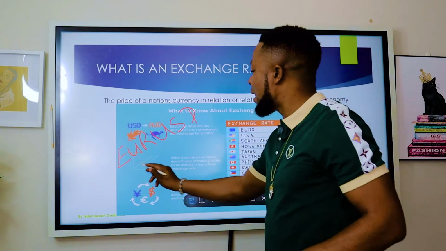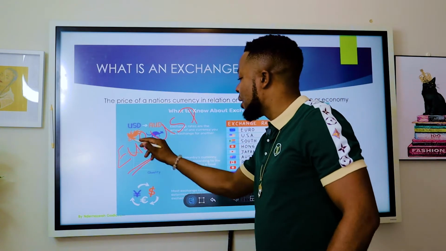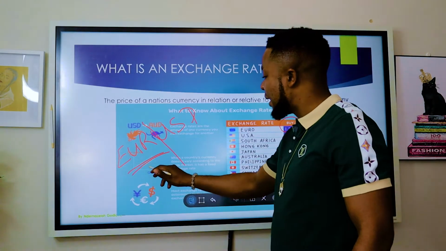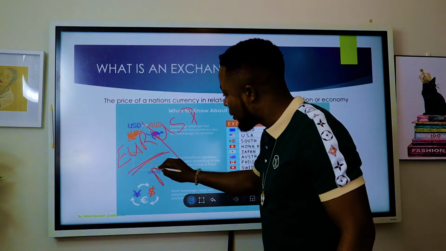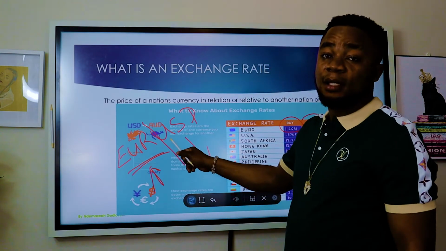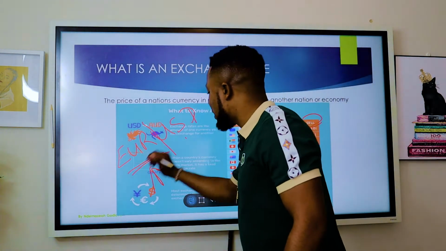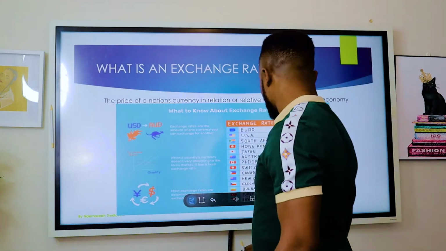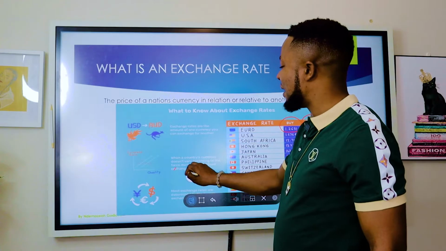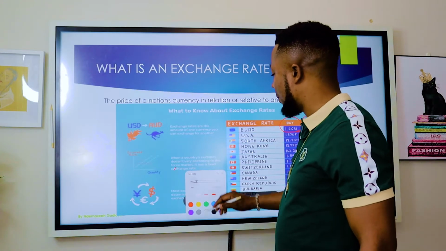Anytime you sell euro on Euro USD, you automatically buy the USD. And anytime you buy euro on Euro USD, you automatically sell the US dollar. So that's how currencies work in Forex. Anytime you sell a particular currency, you automatically buy the other one on that particular pair.